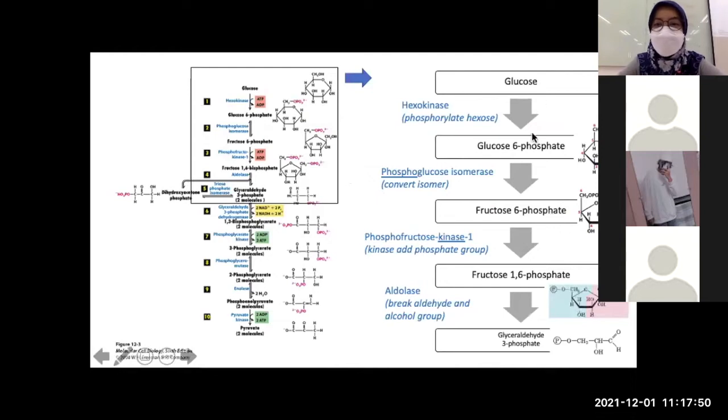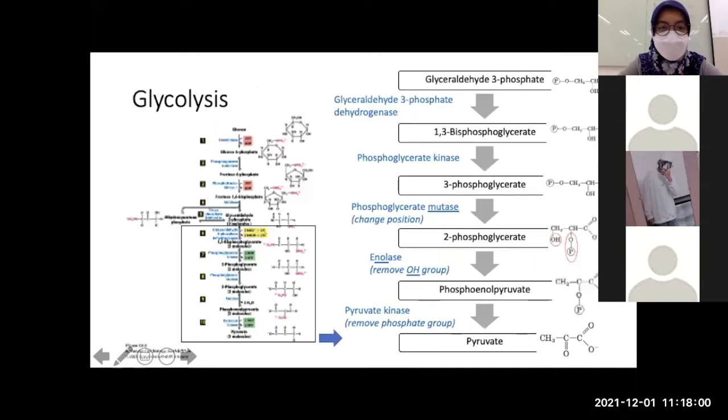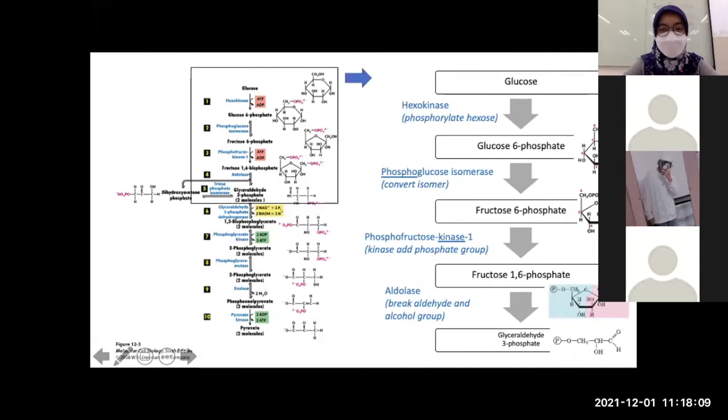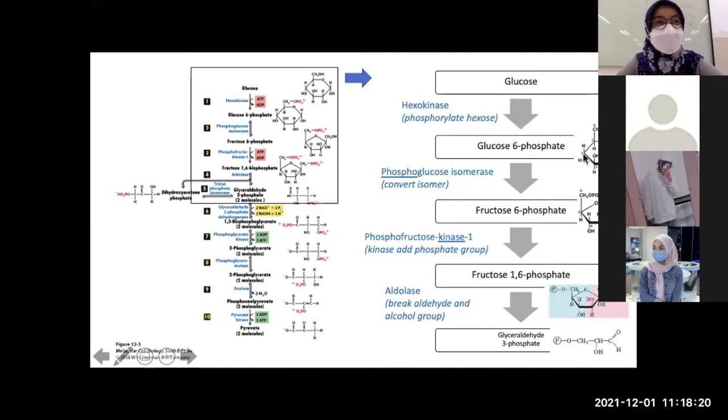So this is the step-by-step of glycolysis. I've divided it into two sections. This is the first one, steps 1 until 5. The next slide would be steps 6 until 10. Starting from glucose, this glucose will undergo a reaction to form glucose 6-phosphate.